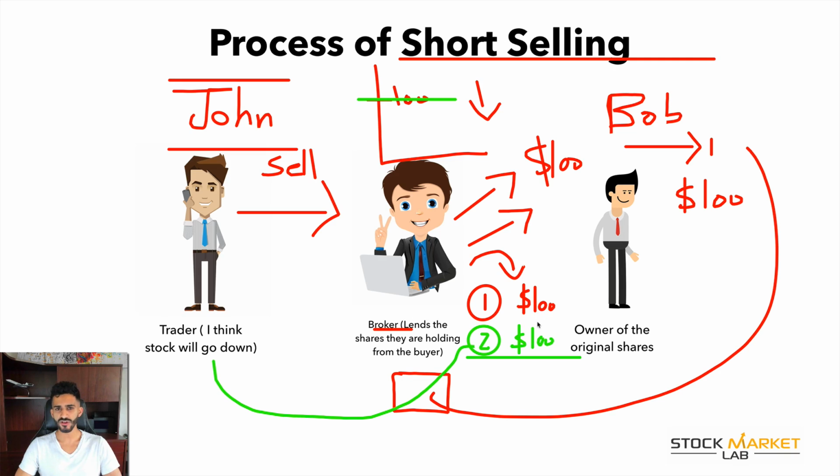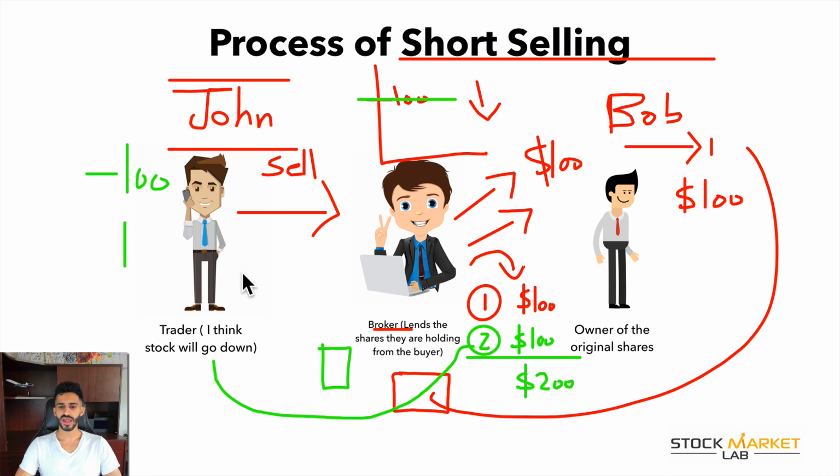If he was selling it for $300, he would ask for a $300 deposit. Now at this point, the broker has a total cash of $200, right? But the broker needs the share in return. John is negative $100, and John needs to return one share back to the broker.